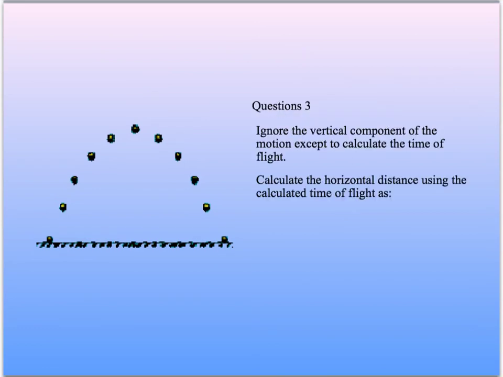In the third type of question, where we're asked to find the horizontal range of the object, this is a question in the horizontal, so we're going to ignore the vertical component, except we're going to use it to find the time it takes to hit the ground again. So this third type of question involves question 1 first: find the time of flight.